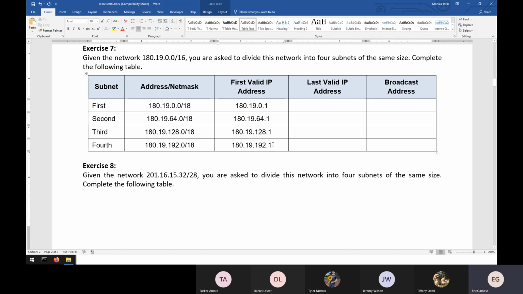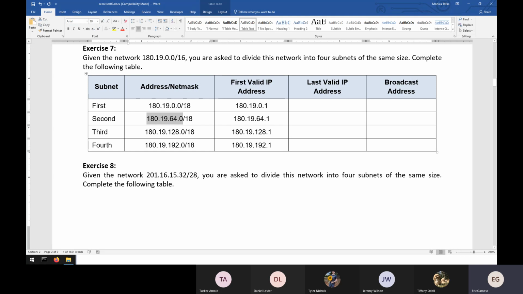If I want the broadcast address of the first network, it will be one IP address before the start of the next network. So the next network, which is the second network, starts at 180.19.64.0.